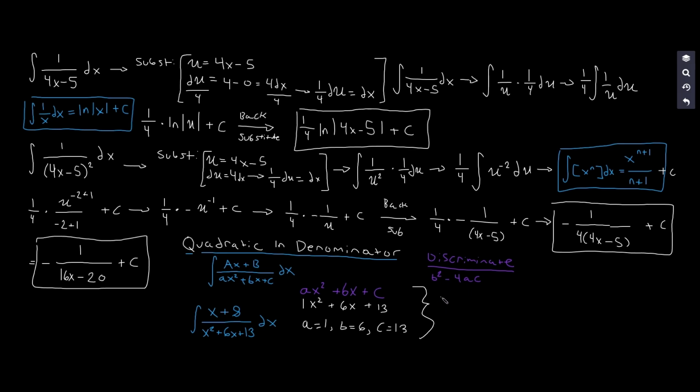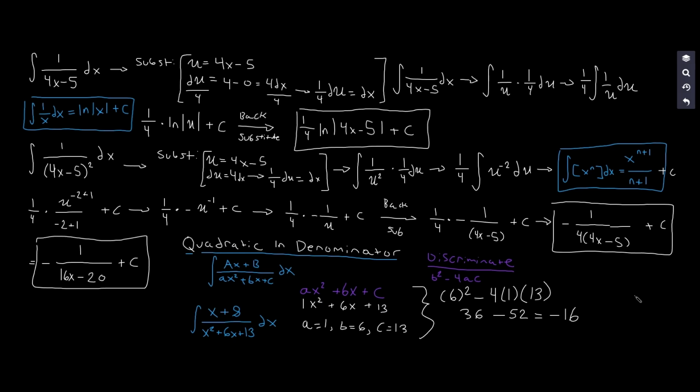So we're going to have 6 raised to the second minus 4 times 1 times 13. And so 13 and 13 is 26. 26 plus 26 is going to be, yeah, I think it's going to be 52. So 52 here. This is going to be 36. Let's see, 36 minus 52.